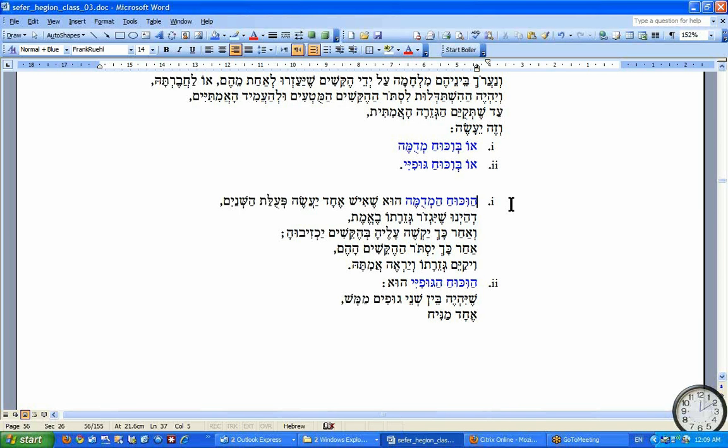The v'kuach medameh, he said, is ish echad she'asa pulot hashnayim. He says it is one person doing two activities. What does that mean? Dahainu sheyigzog zeres be'emes. He makes a statement. Va'achar kach yaksha aleha. Then he comes back and has all sorts of difficulties about the statement.